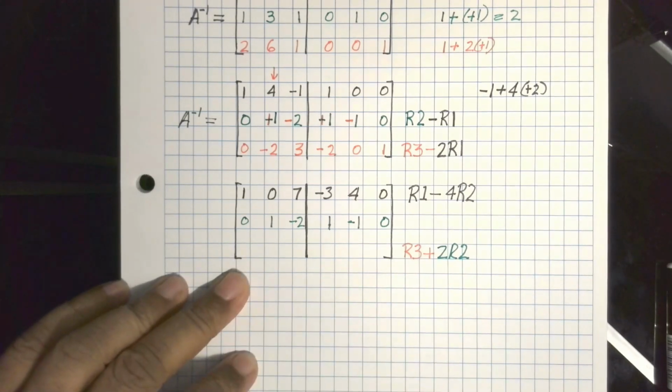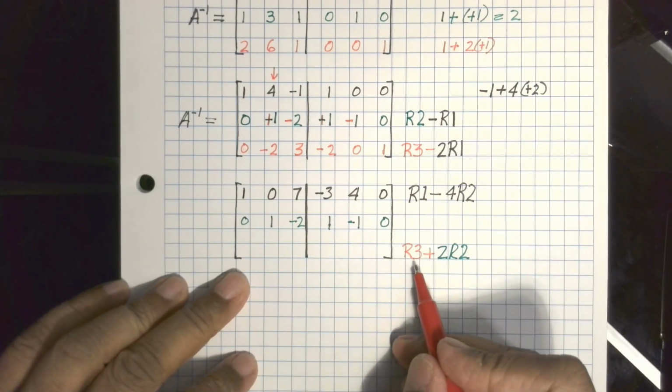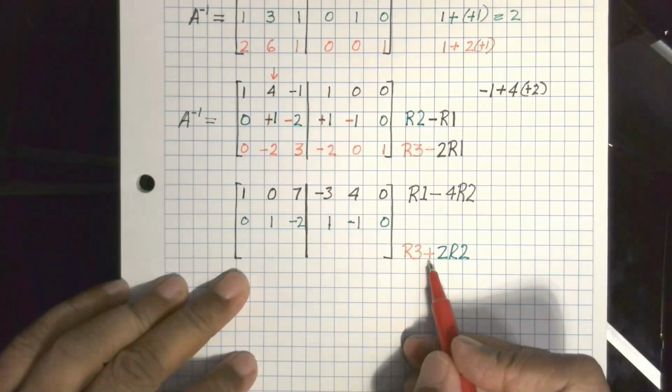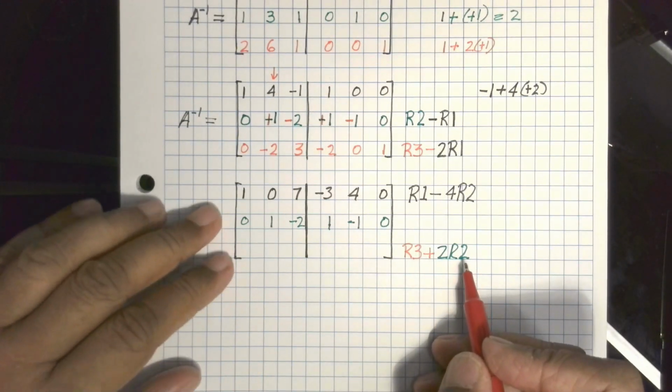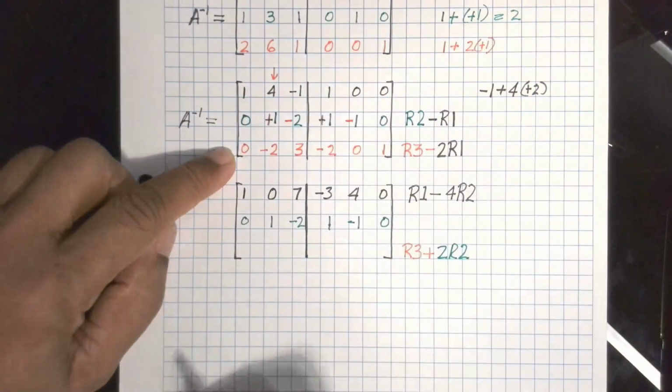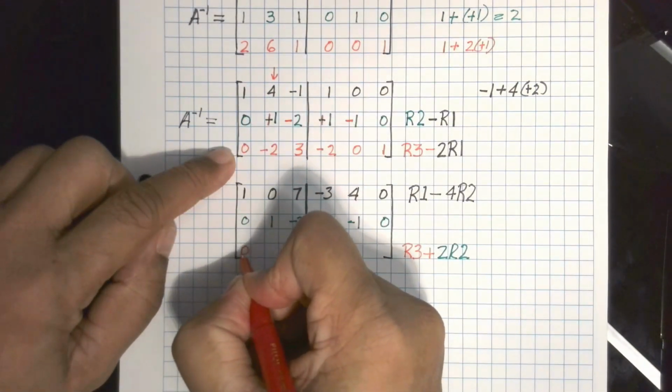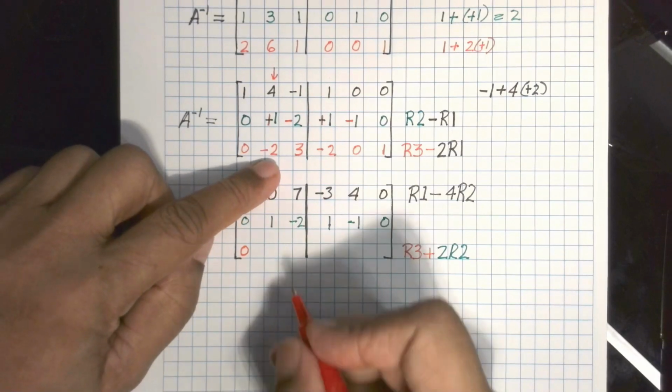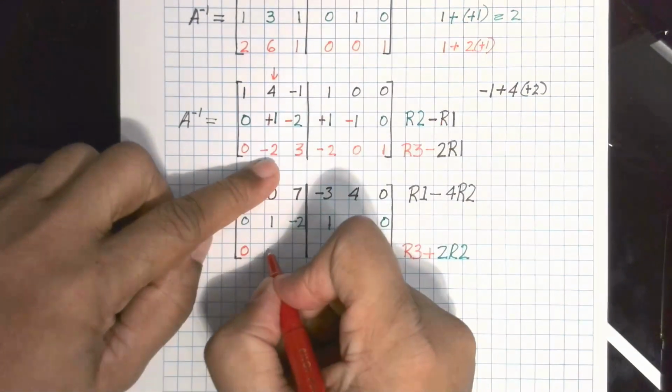Now we are looking at this third row. Now we have to deal with that one, and let's go and deal with it. It says take row 3 plus 2 of row 2. Okay, so we have row 3 plus 2 of row 2. That doesn't change anything right there. This plus 2 of that will make this 0.